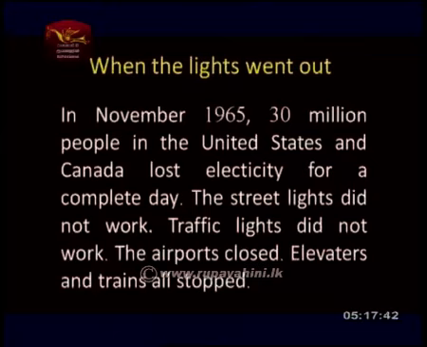That is the negative form of the past tense verb. And there's another one, the traffic lights did not work. The same thing. Then airports closed. Here the closed is the simple past tense verb. Elevators and trains all stopped. Yes, so elevators and trains all stopped.